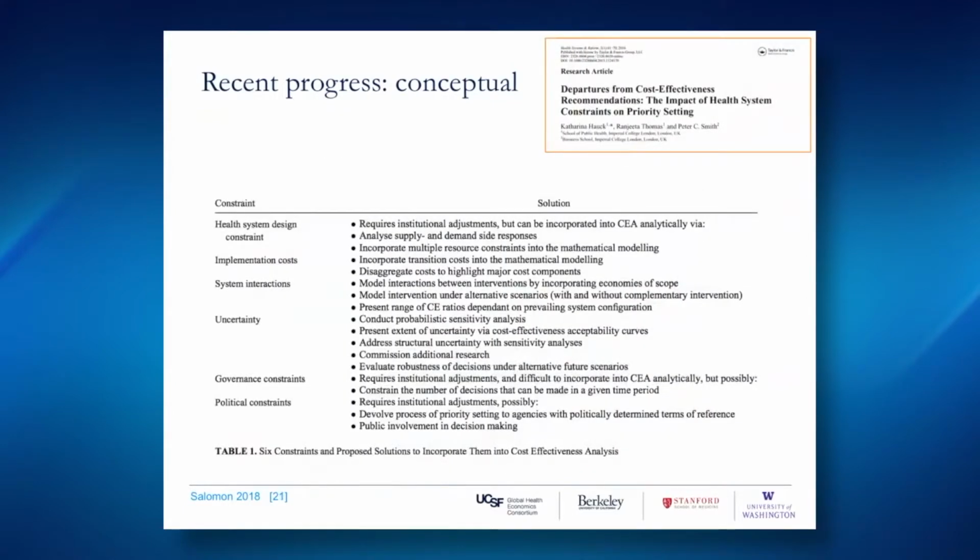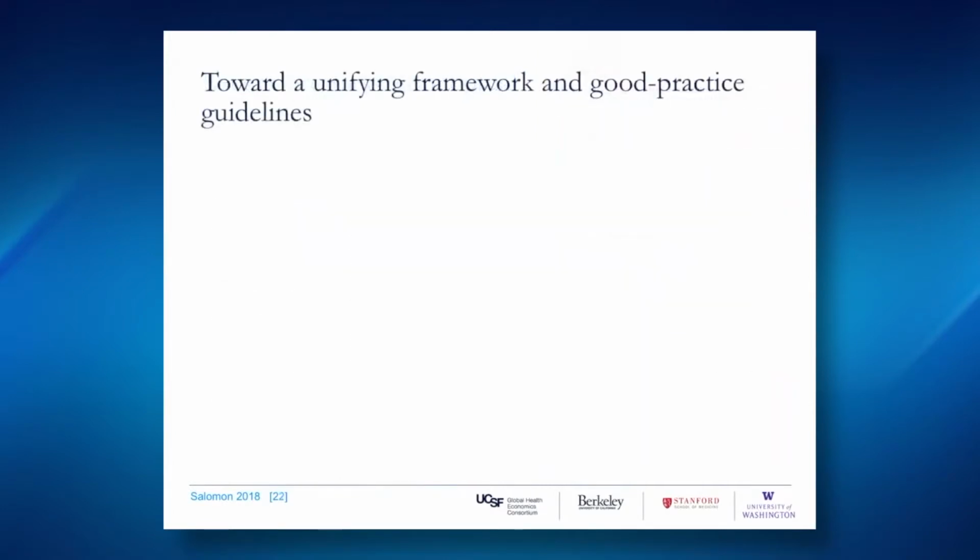Related work by Katarina Hauk and others, sort of bringing a health system lens to this idea of priority setting and costing. And so I'll leave you here with a few parting thoughts and my attempt to distill some of the features from these various frameworks into lessons for good practice as we move forward.